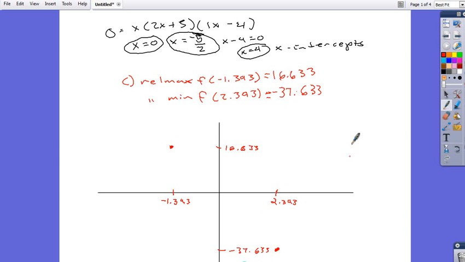And then I want to do my x-intercepts too, so those are important. I'm going to cross the x-axis at 0. I'm going to cross the x-axis at negative 5/2, which is negative 2.5. And I'm going to cross the x-axis at 4.